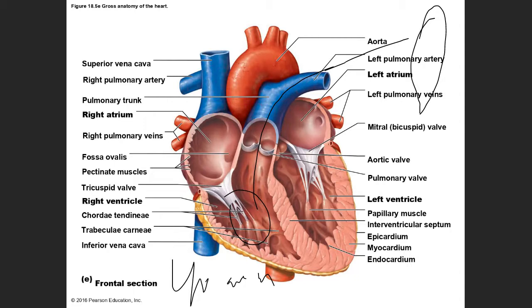It's not going to your entire body, it's just going to the lungs. It's a short distance, so it doesn't need to contract forcibly. That's why we have fewer myocardium cells over here. Look at how thin it is compared to the left ventricle. Okay?